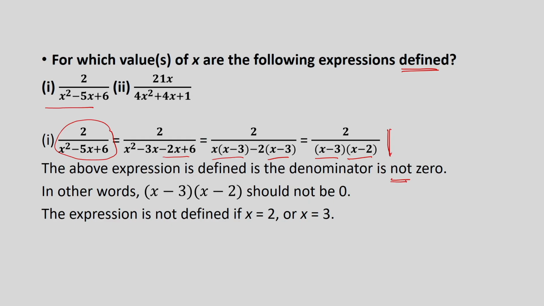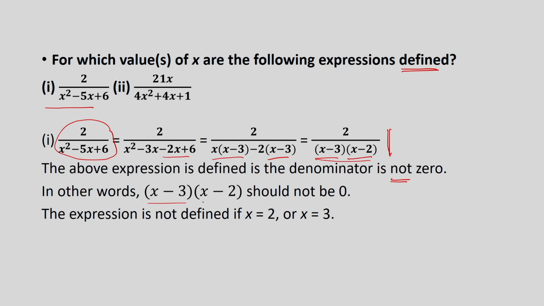If in a fraction the denominator is equal to 0, then that fraction is not defined. So, that is the basic idea here. Therefore, the denominator cannot be equal to 0. That is the property being used here.